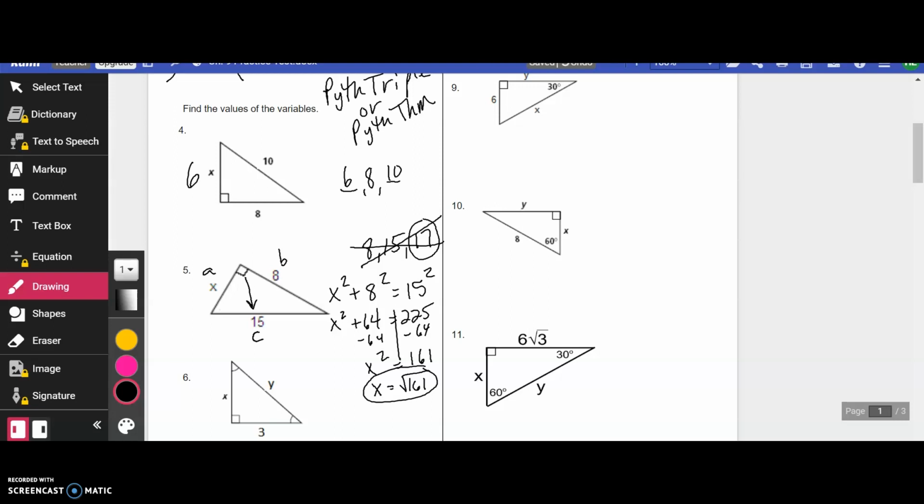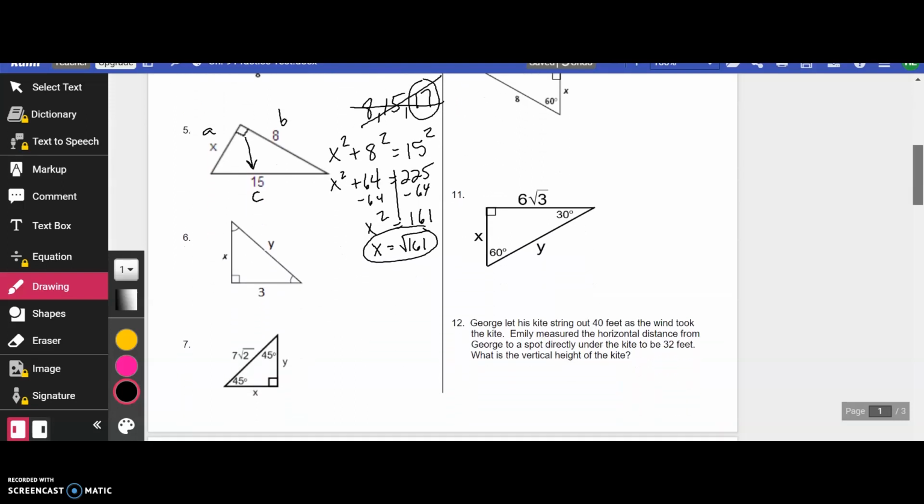Get help. All right, so on the next one, because these angles are equal in the corners here, that means that this is 45 and this is 45. So we have our 45, 45, 90 triangles. All right, so on a 45, 45, if these are both 45, well then both those sides are the same.